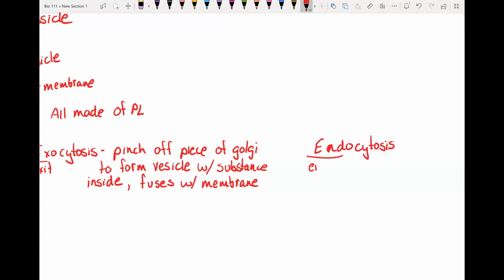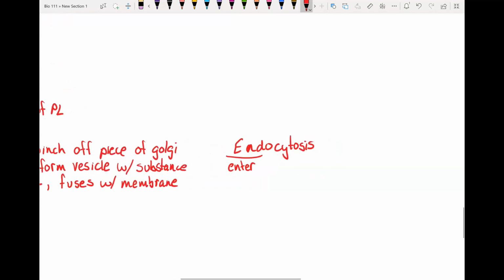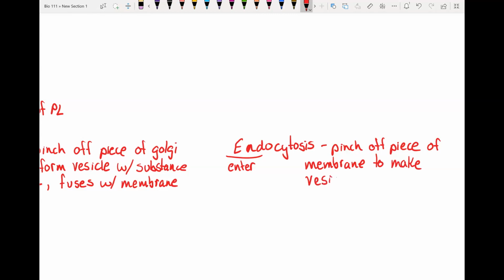So think of enter. This is where you pinch off a piece of the membrane to make your vesicle with your substance inside.